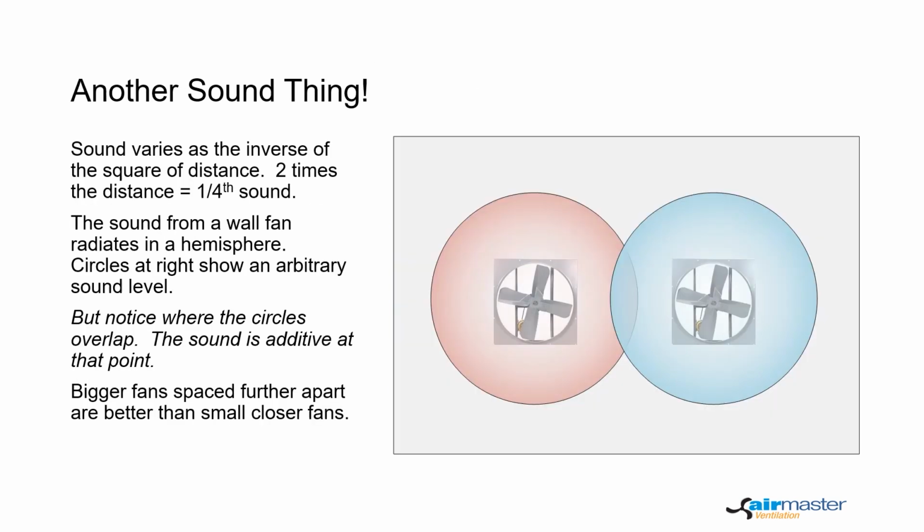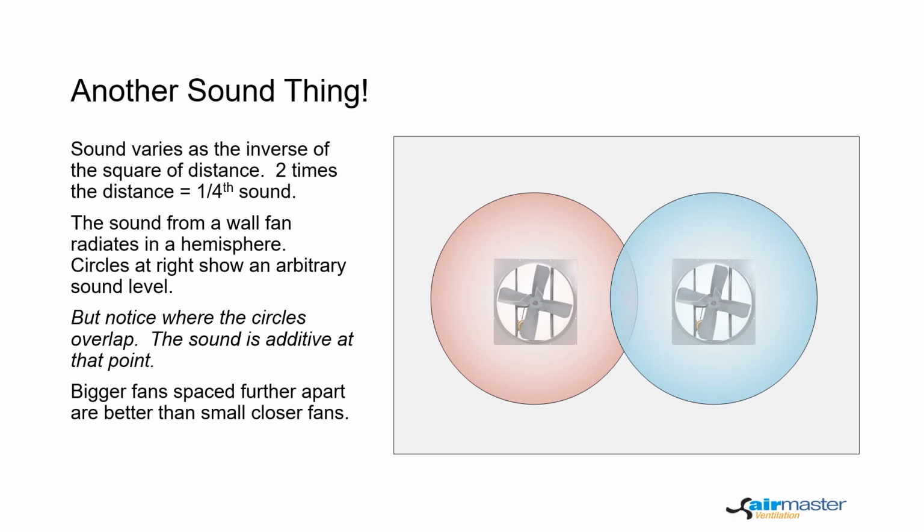Like all energy, sound expands outward from the source in a spherical pattern. Although, for a panel fan, we only have to deal with 1/2 of the sound since the other hemisphere is on the other side of the wall. The mathematics of this means that the sound level decreases with the inverse square of the distance.